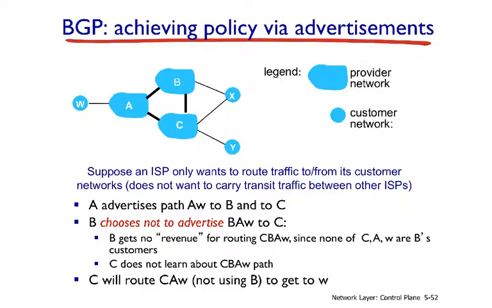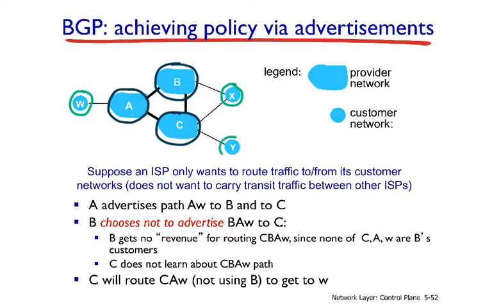In this case, we have three provider networks, A, B, and C, and three customer networks, W, X, and Y. So in this case, A sends an advertisement to B saying that B can reach W by means of A. Additionally, B sends a message to X saying that it can reach W passing through B, passing through A.